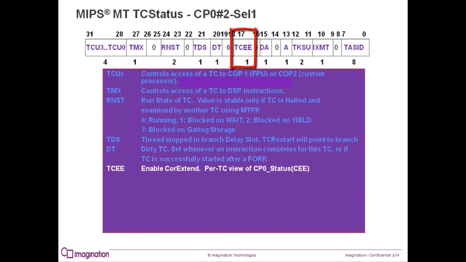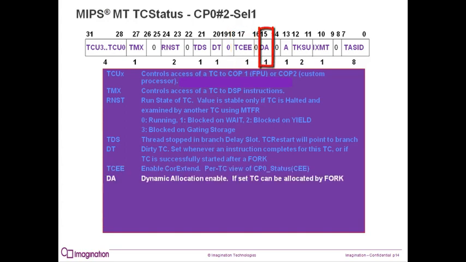The TC core extend enable bit is defined the same way as in the status register CEE field. The modification of either register changes the value of both registers. If the dynamically allocated enable bit is set, the TC is available for dynamic allocation by a fork instruction.